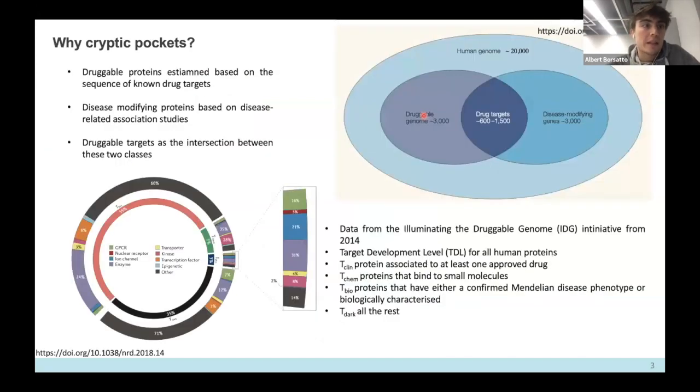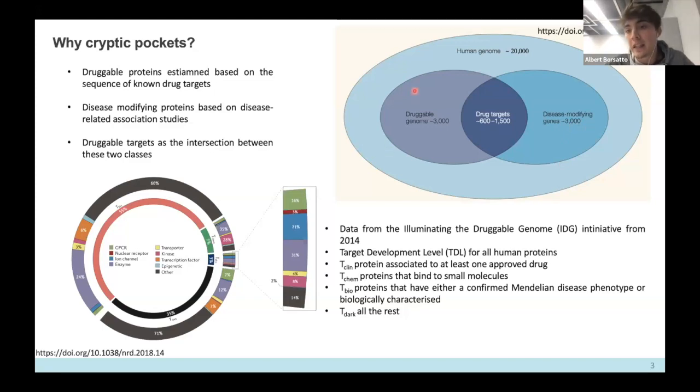So now let's ask ourselves, why are we interested in cryptic pockets when it comes to drug discovery? Well, we can start with some numbers. We have more or less 20,000 genes in the human genome. If we focus only on the disease-modifying genes, which encode proteins that, if targeted, can have an effect on some pathological pathway, we are left with 3,000 possible targets.